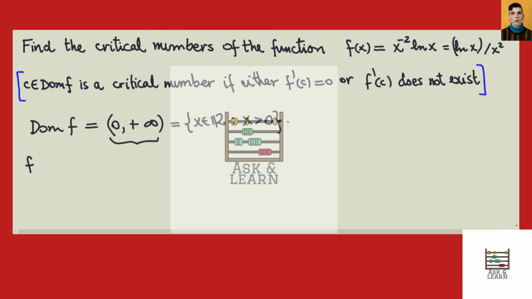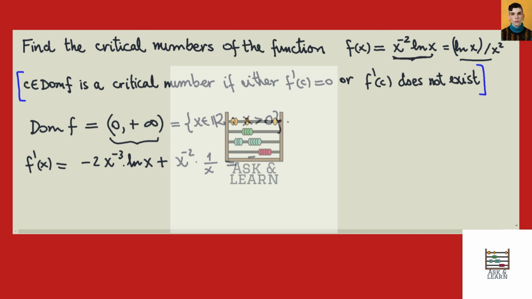So now we calculate the first derivative of f, and we have a product. We are going to use this form instead of this. So we apply the product rule of the derivative, and we get derivative of x to the negative 2 is negative 2x to the negative 3 times the natural logarithm of x plus x to the negative 2 times the derivative of natural logarithm of x, which is 1 over x.